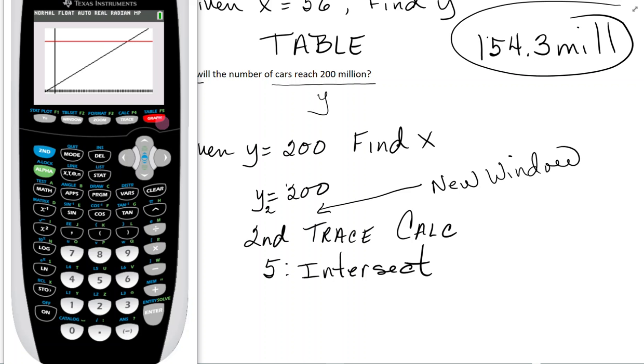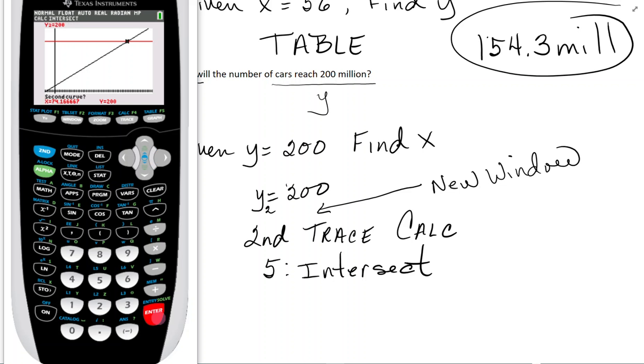So here's my function that connects the number of cars in millions to the year since 1940. And this is 200 million cars. So I will do second of the trace key, which is calc. Number 5. I can travel along this one, or I could use up or down and travel along the red line.